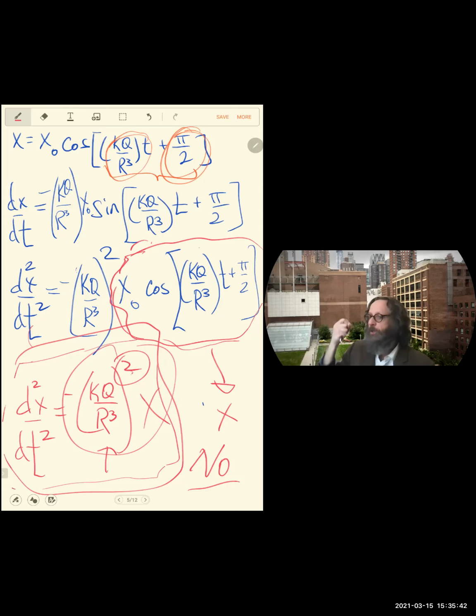The reason I'm trying to say that as clearly as possible today is that in the solutions that I sent you, in the very first solution, I wrote yes, even though I was doing the exact same logic as I just did here. But if you look closely, you'll see that I made a mistake. Let me write this as clearly as I can.